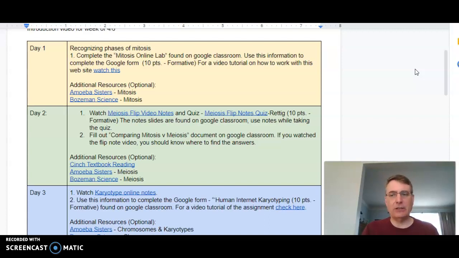So when you see lessons that are labeled formative, like up here in our first day, it says 10 points formative. Formative is teacher jargon for classwork. And classwork is a smaller amount of your quarter grade. So not a huge issue if you don't do well on them.